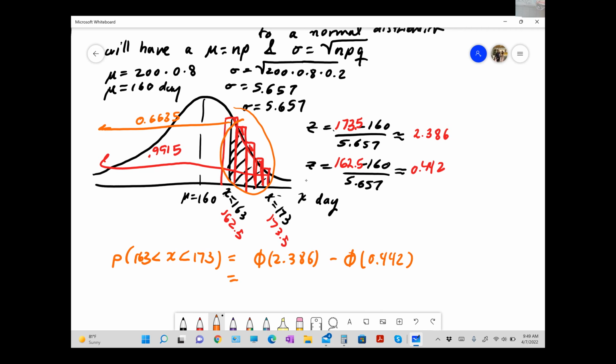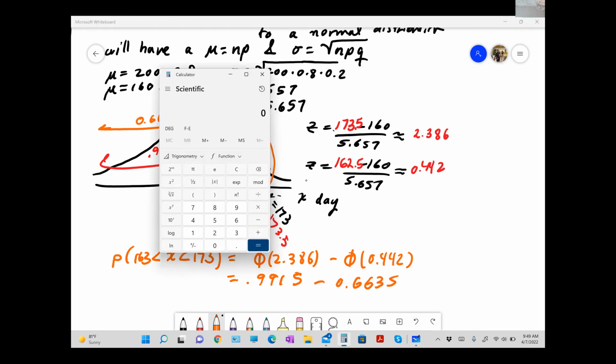And so that's just going to be 0.9915 minus 0.6635. And if we did that, we're going to get the answer.